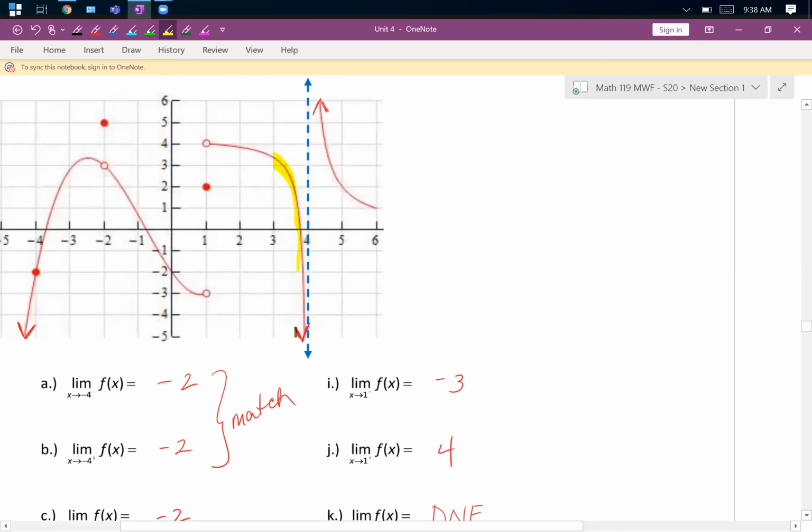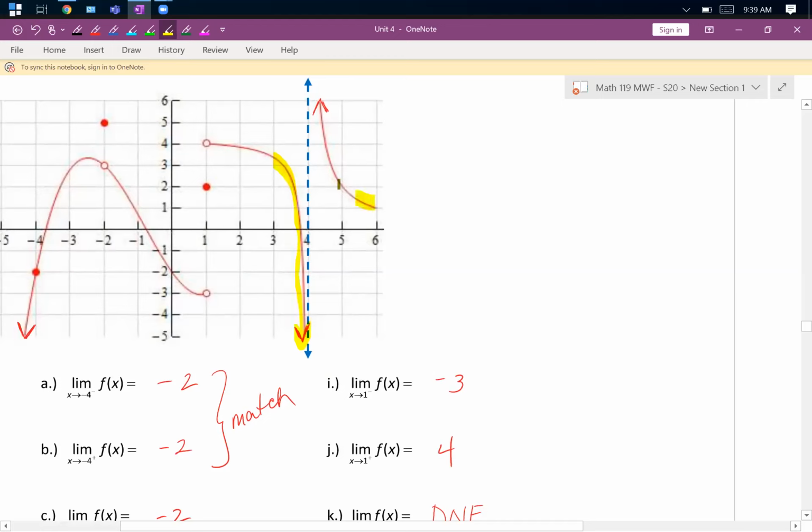Where are we going? That's an asymptote, so it's going to get closer and closer to that asymptote, but it's continuing to go down. So we are approaching negative infinity.